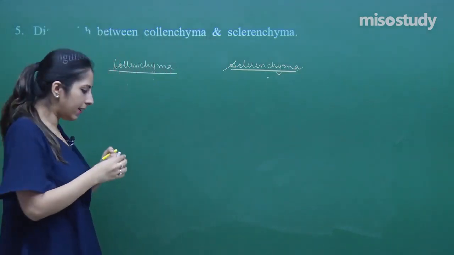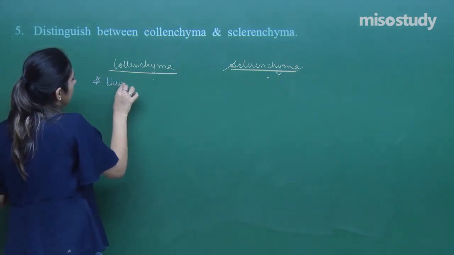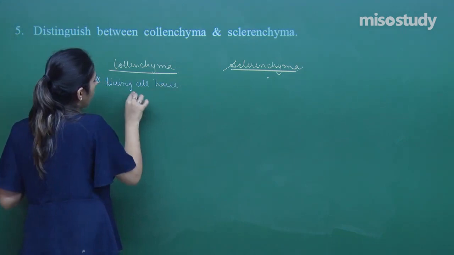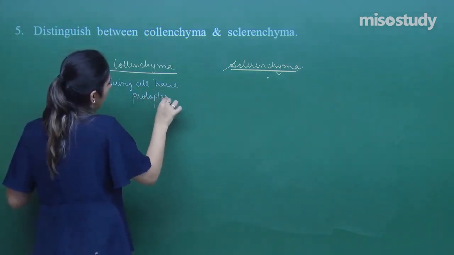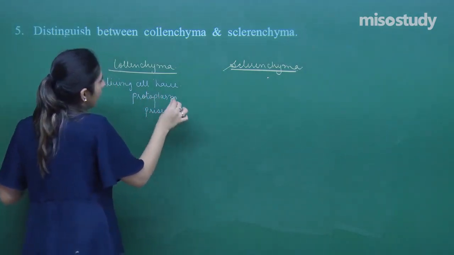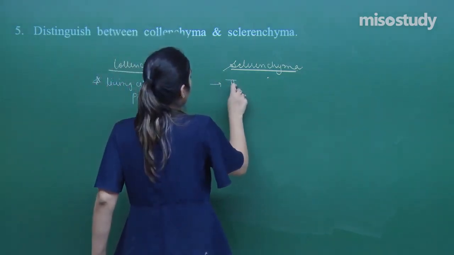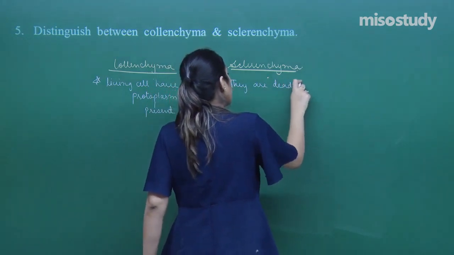Collenchyma cells are living cells and they have protoplasm present. Whereas sclerenchyma are dead mechanical tissues.